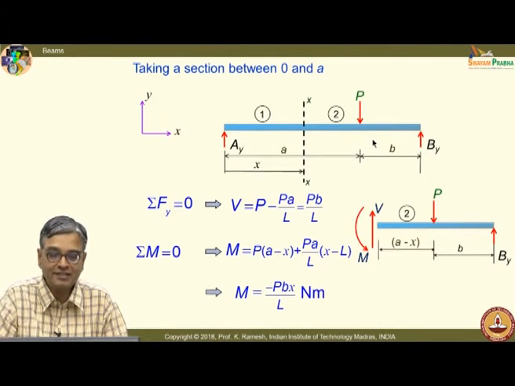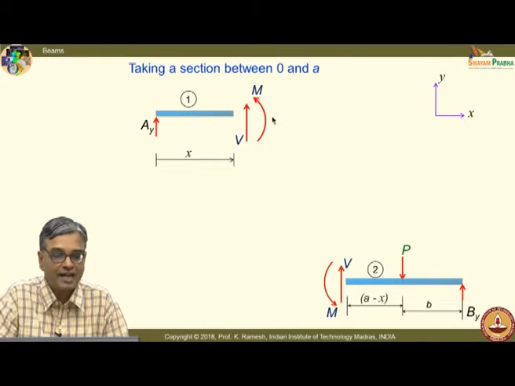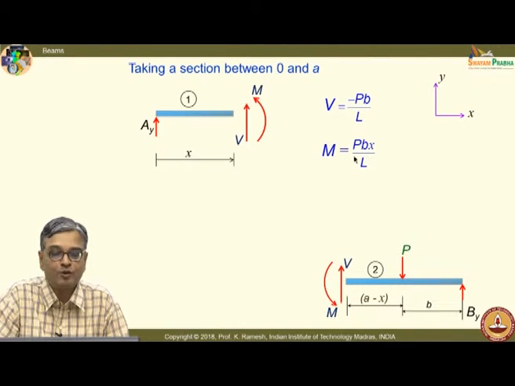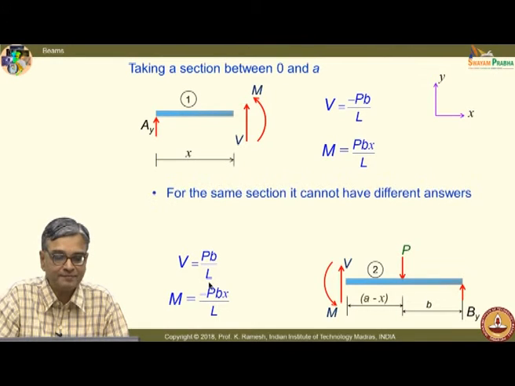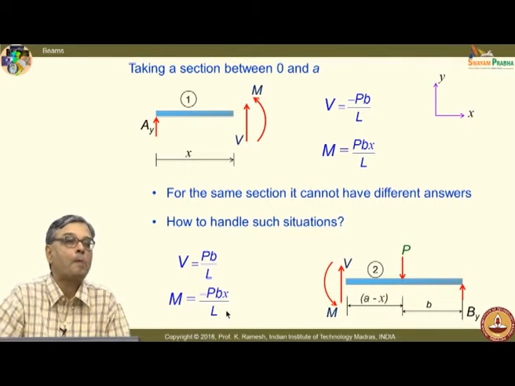If you look at the answers that you have got in this and the answers that you have got earlier, when I summarize, I get this as V equal to minus Pb by L, m equal to Pbx by L. When I analyze the segment 2, I get V as Pb by L, m as minus Pbx by L.